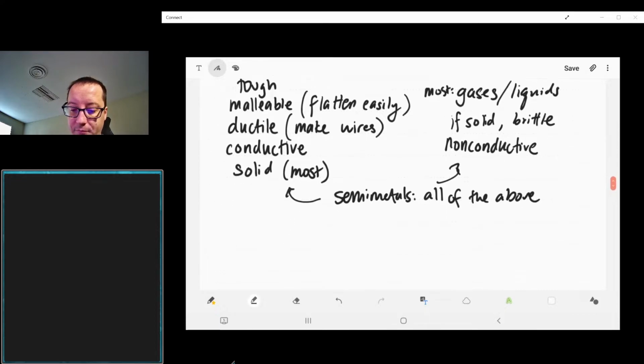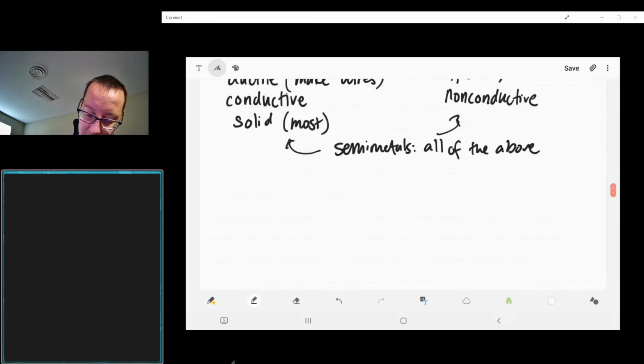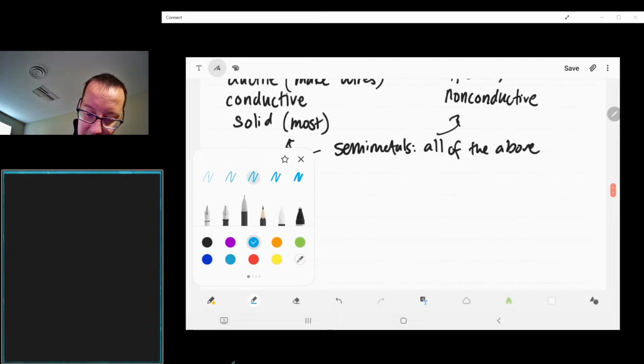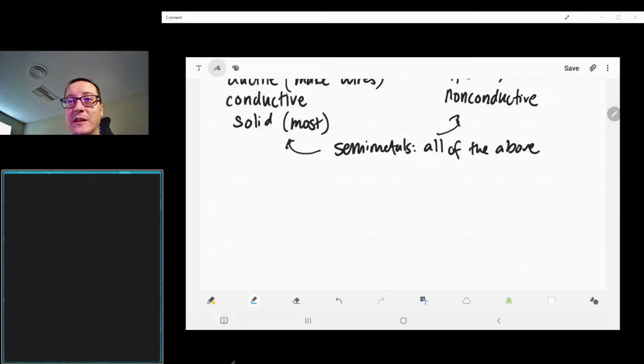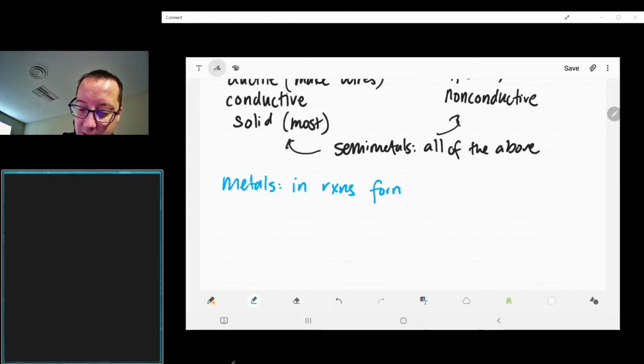Alrighty. We're going to see that most importantly for us, metals in reactions typically will form cations.